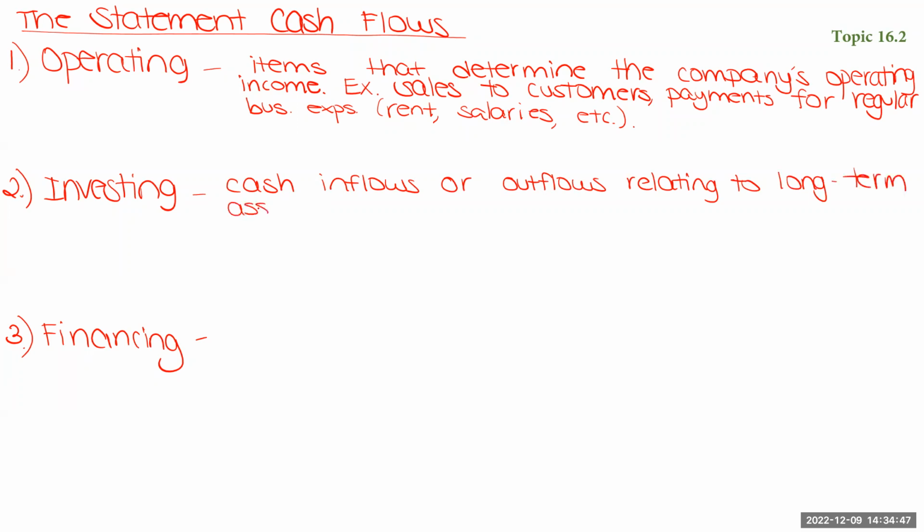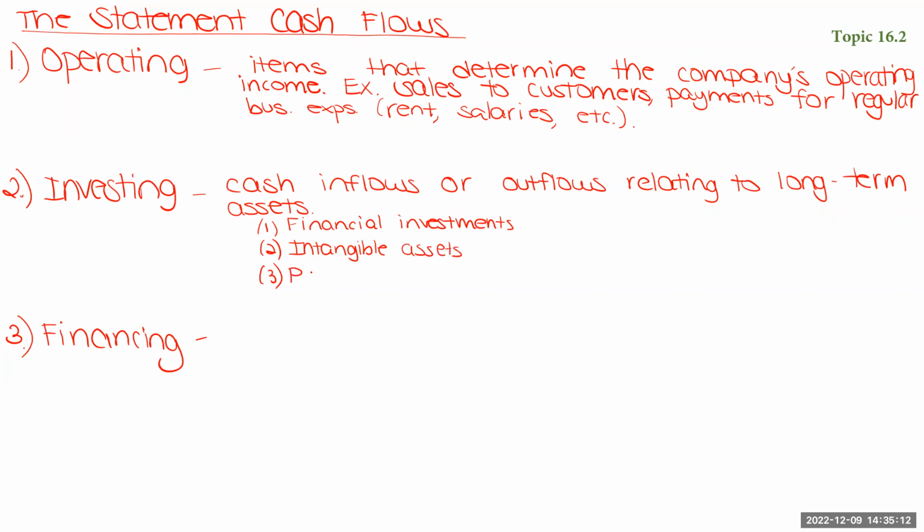If you think back to that classified balance sheet from chapter 5, you basically have 3 categories of long-term assets, okay? Financial investments, intangible assets, so patents, trademarks, copyrights, things like that.